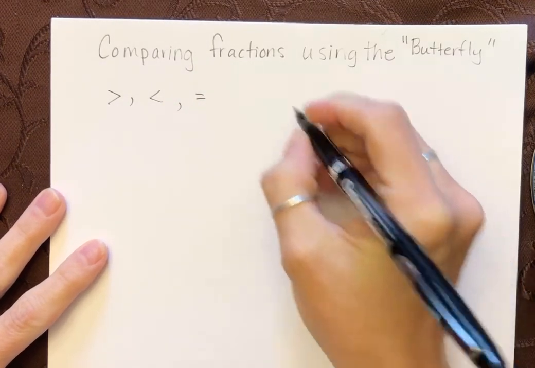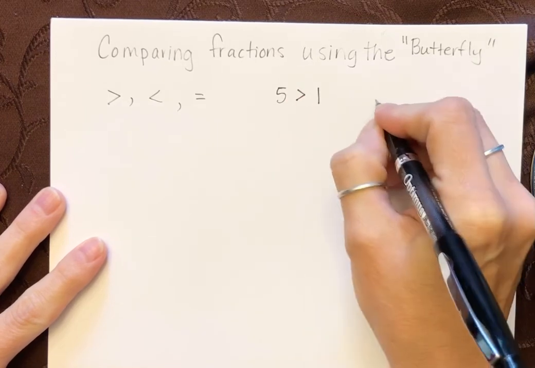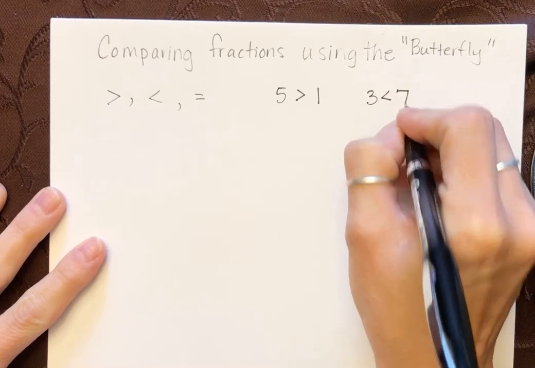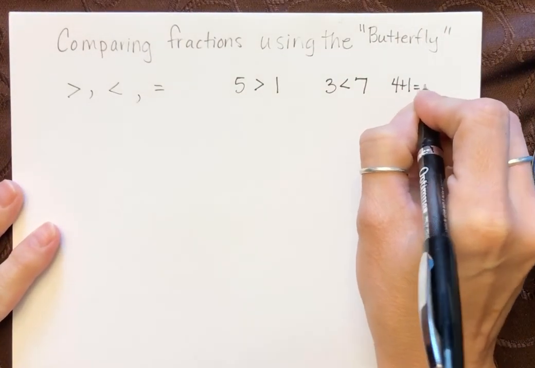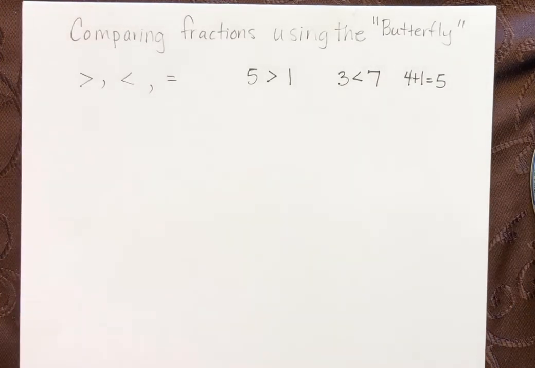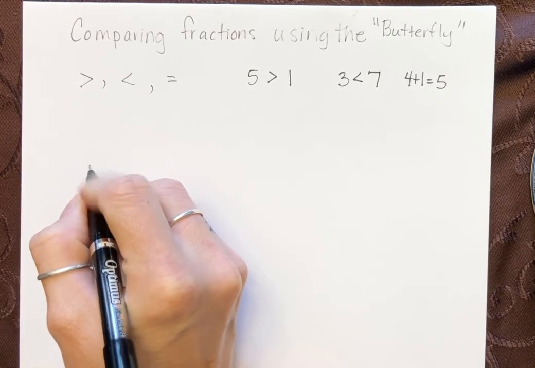So if you remember, you have like 5 is greater than 1, and 3 is less than 7, and 4 plus 1 is equal to 5, okay? Now, with fractions, we can compare them just like we do numbers. It's easy when we have fractions that have the same denominator.